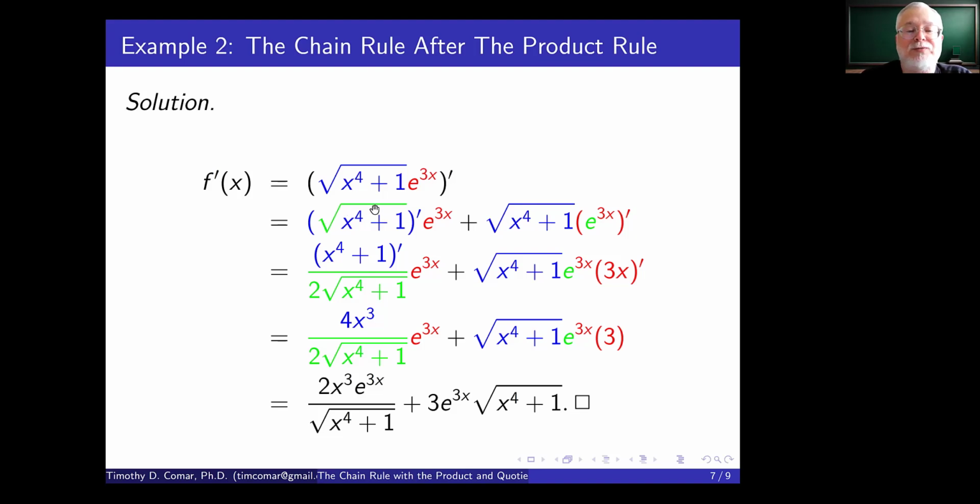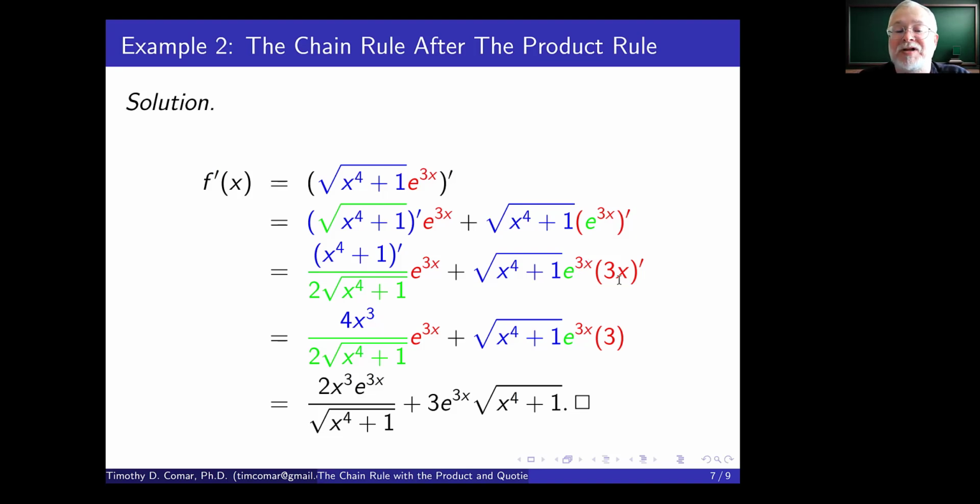So if we need to compute the derivative of the square root of x to the 4th plus 1, the derivative of the square root function is 1 over 2 times the square root of whatever its inside stuff is, which is that function x to the 4th plus 1, then times the derivative of x to the 4th plus 1. And very simply, the derivative of e to the 3x is e to the 3x times the derivative of 3x.